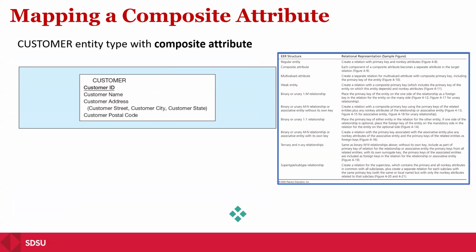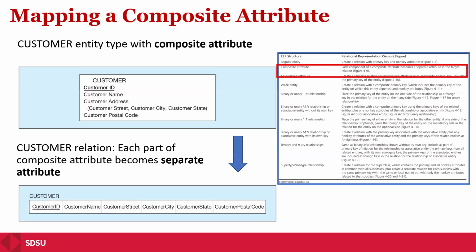Let's look at composite attribute. Same customer entity, but address is a composite attribute that has four component attributes: street, city, state, and postal code. So we find composite attribute in the rules, and it says that for composite attributes, we create an attribute for each component of the composite attribute. In this case, we will have a customer relation with a separate attribute for each part of the address attribute.